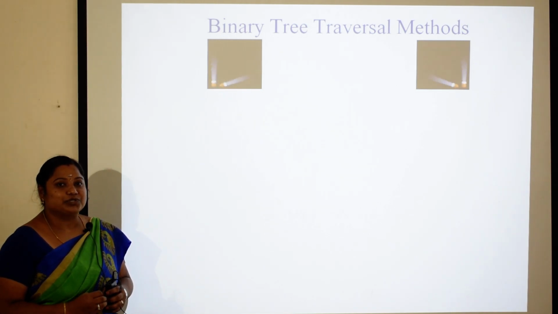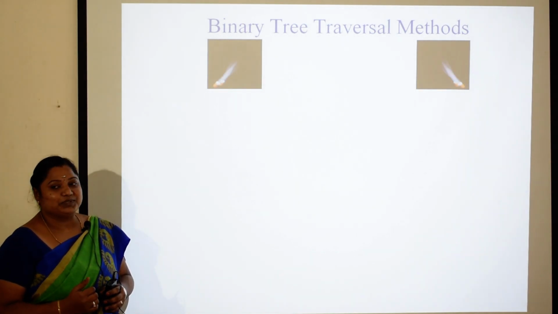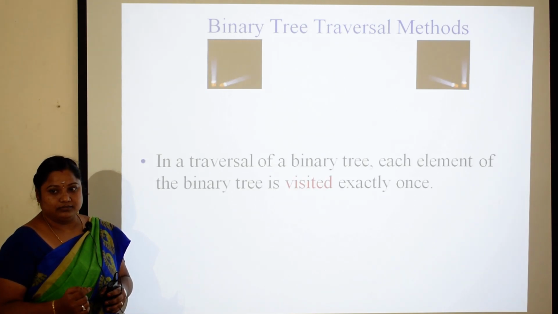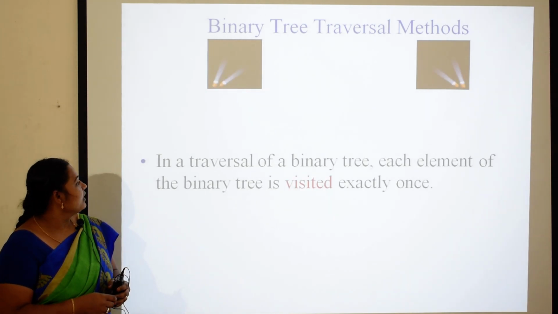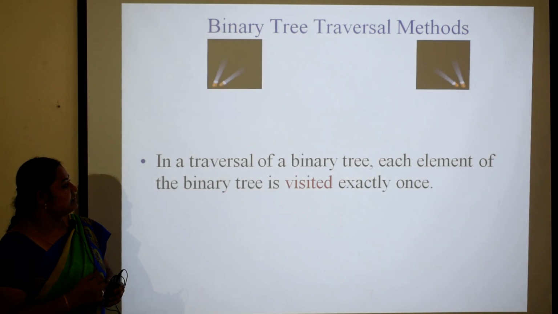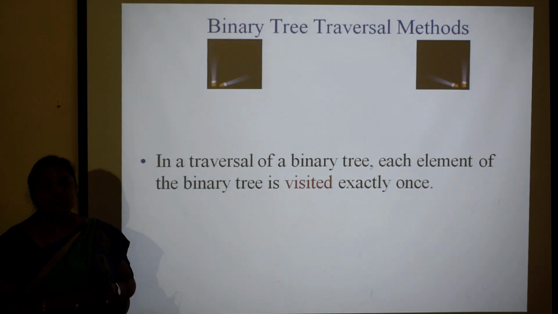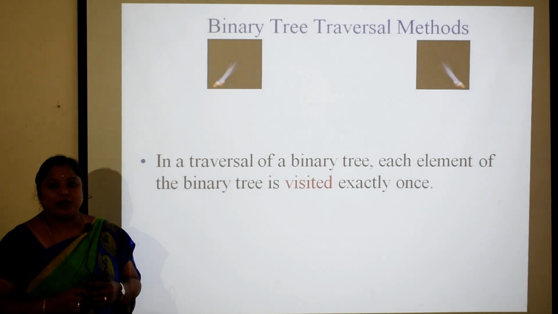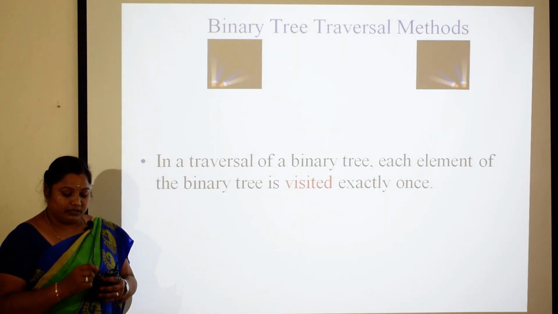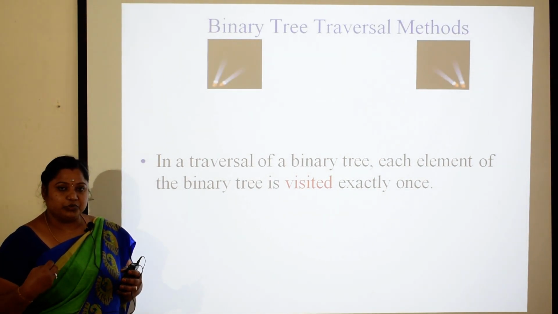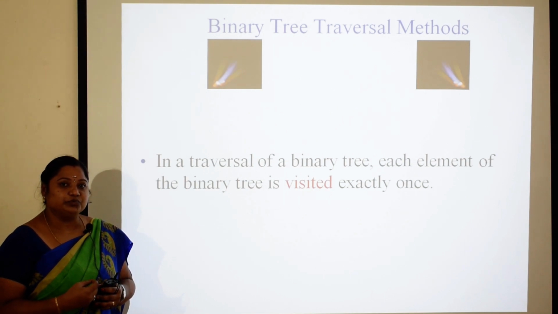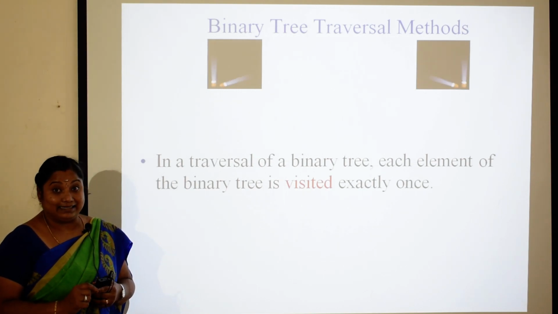So how we are going to travel throughout the binary tree is now given. In a binary tree traversal, each element should be visited only once. If we go throughout the binary tree, then we have to visit a node at least once.